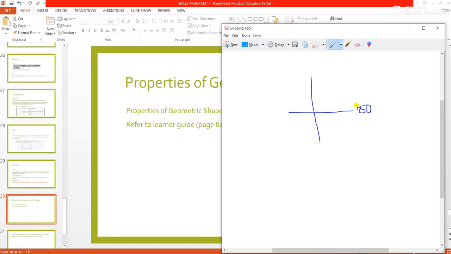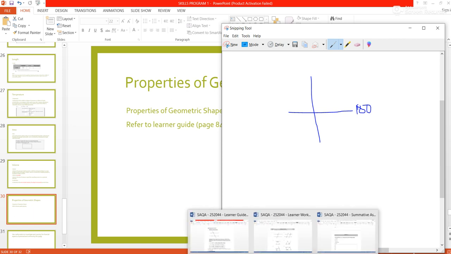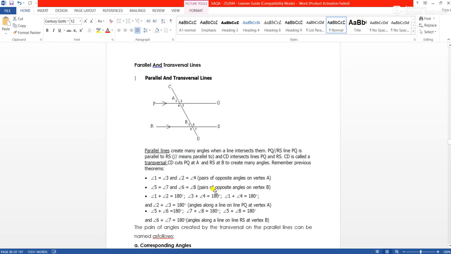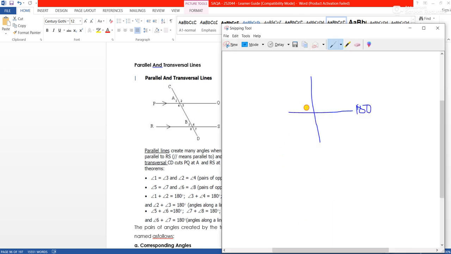So when you have an angle like this sort of angle, we know from this example that angles 1 and 2 are equal to 180, because the angle lies on the x-axis.